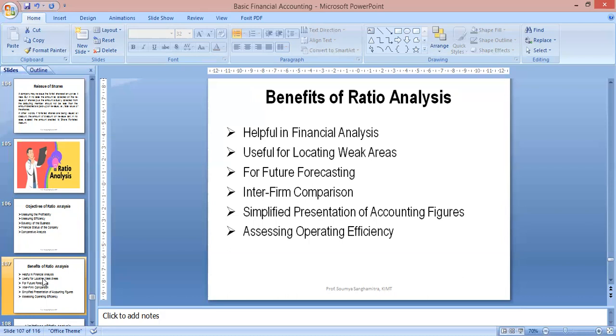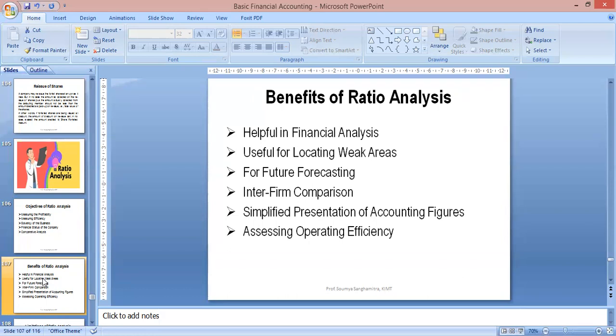Then also useful for locating weak areas. Ratio analysis can be used for finding areas of weakness such as high ratio of expenses or increase in debt and taking remedial measures.